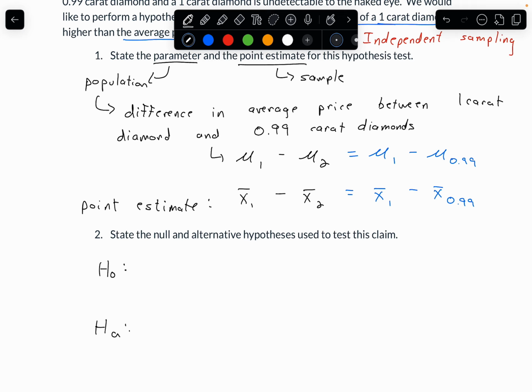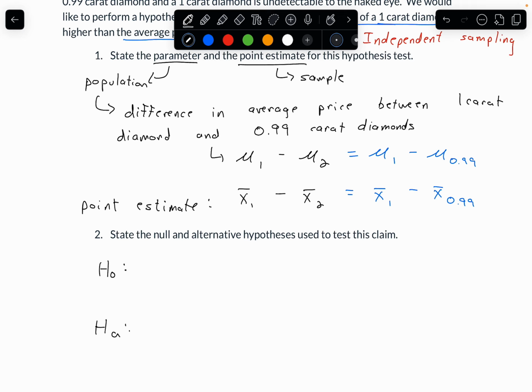You could structure these hypotheses the same way that we did with our paired sampling, but I like to do it a little bit different just to create some separation and help us recognize that this process is in fact going to look a little bit different. We are going to handle these problems a little bit differently when we're working with independent sampling than with paired sampling. And I actually think that these null and alternative hypotheses are a little bit easier.